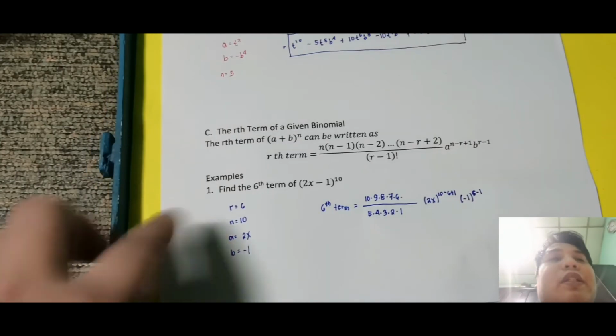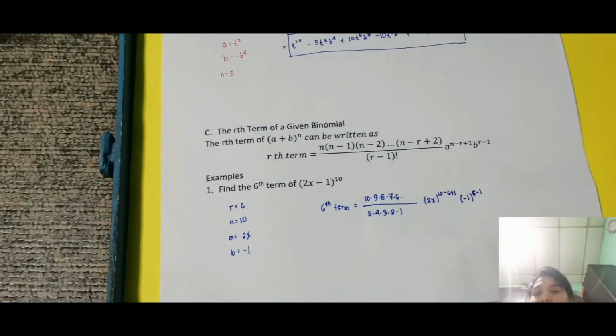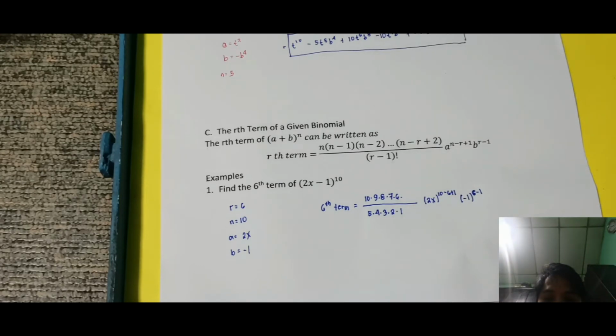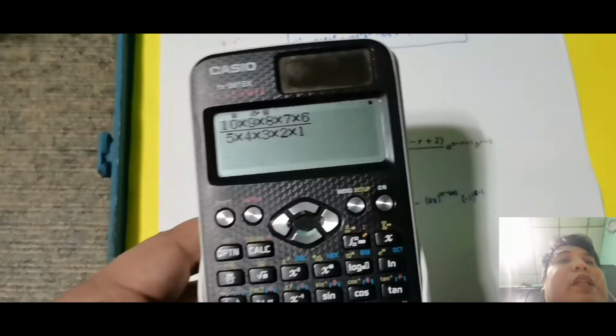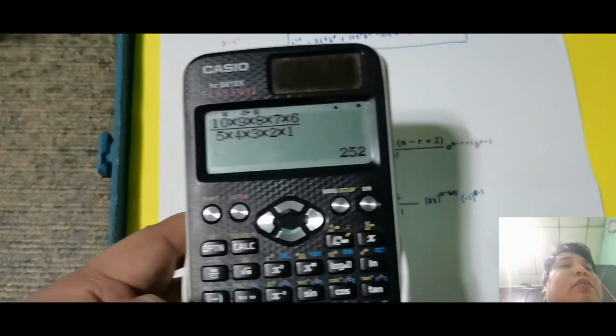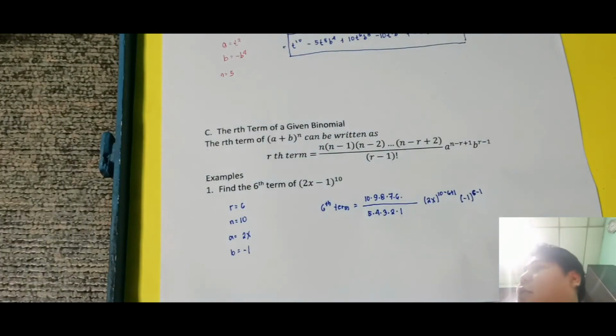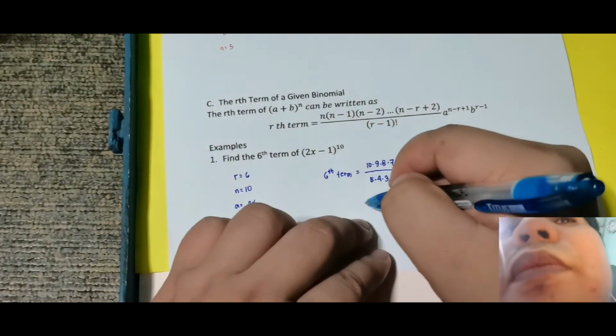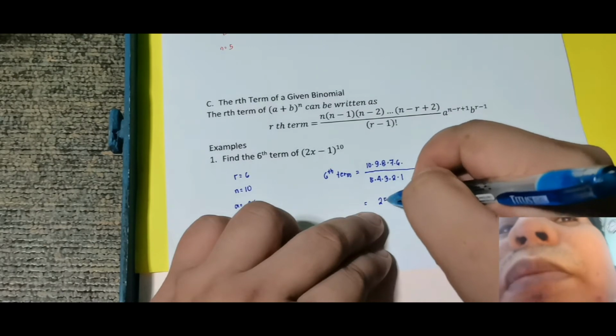Okay, so next is simplify natin to. Yung kanyang coefficient muna. That is 10 times 9 times 8 times 7 times 6 over 5 factorial or 5 times 4 times 3 times 2 times 1. Okay, so check natin. That is equivalent to 252. Okay, so this is equivalent sa 252.